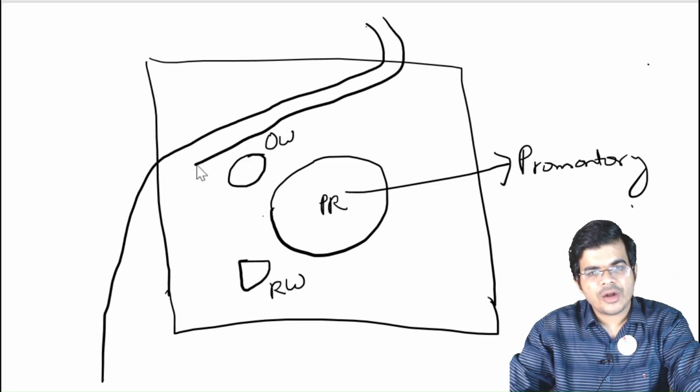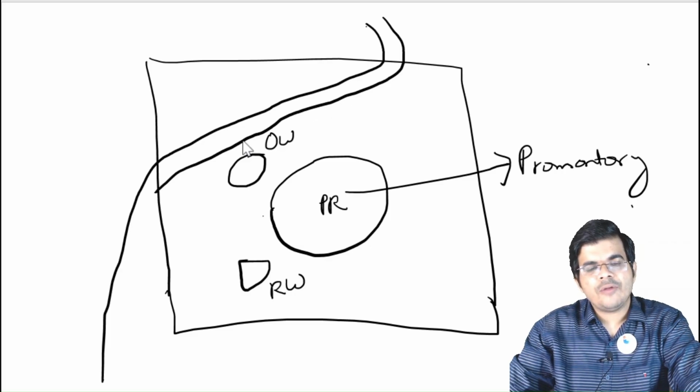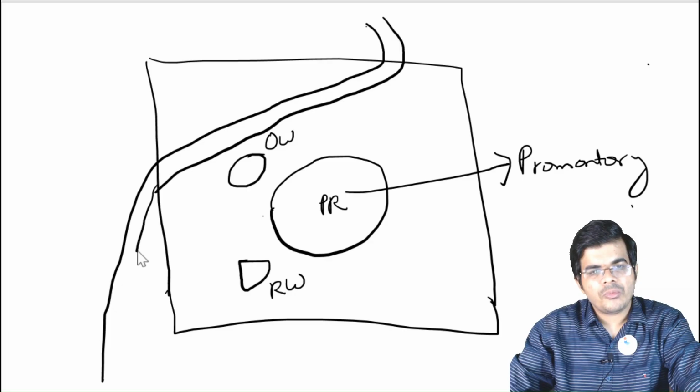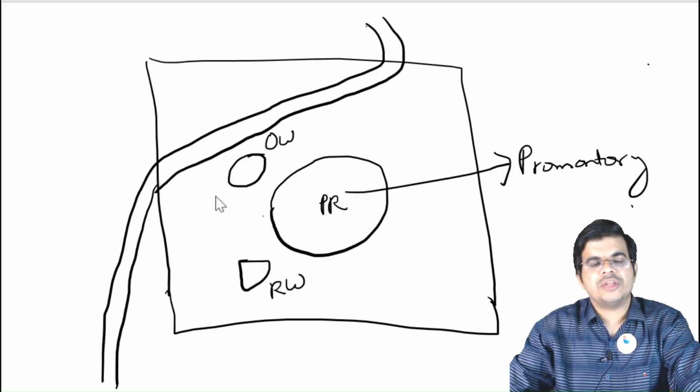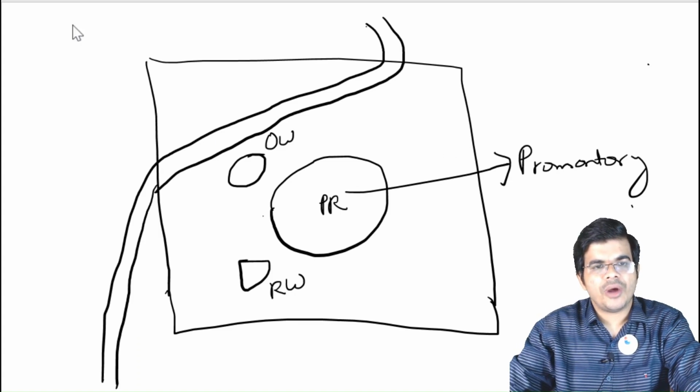The tympanic part is seen in the medial wall of the middle ear, and the vertical part of the facial nerve is seen in the posterior wall of the middle ear, and it is also known as the mastoid part. So this is how the facial nerve is seen.